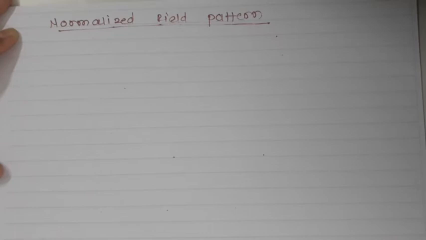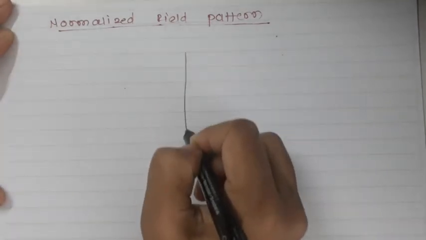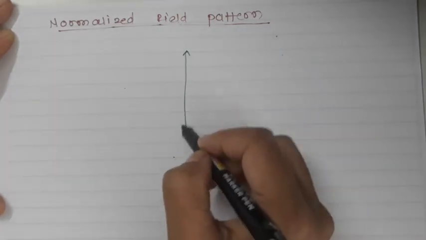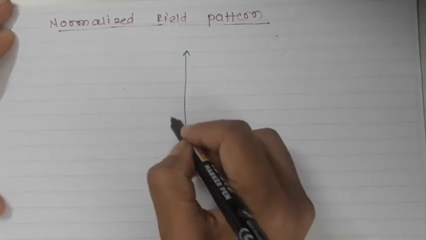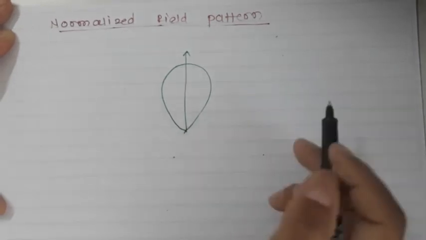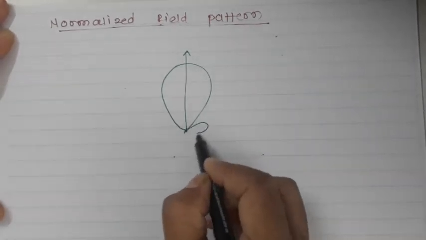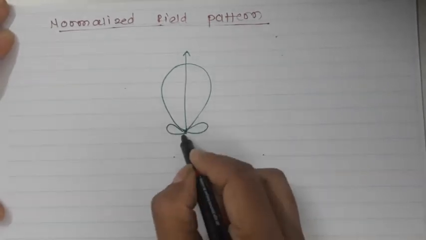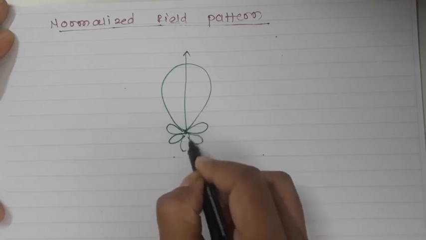The normalized field pattern can be drawn like this. As we have seen, there is the major lobe, the minor lobes, and then the back lobe. Here I am assuming that my maximum radiation is in this direction, so this will be the major lobe, these will be the side lobes, and this will be the back lobe.